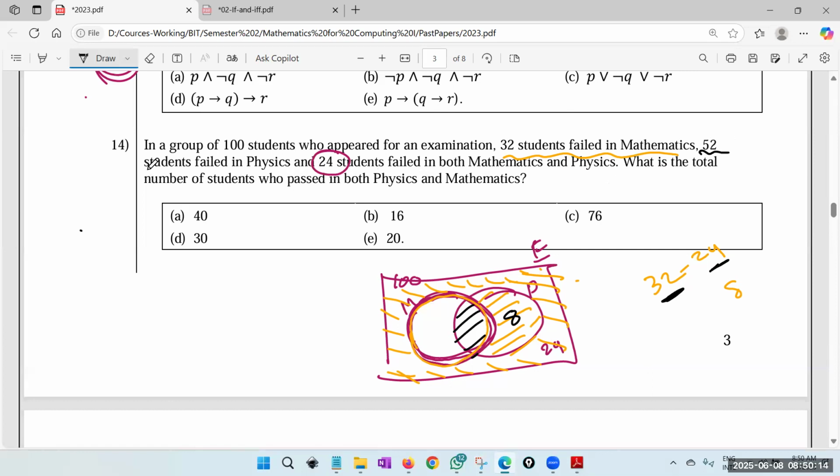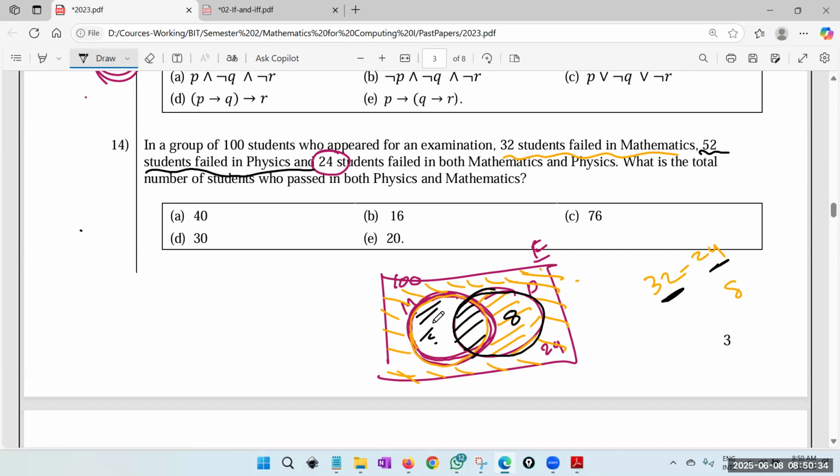52 students failed in physics. That means outside this, there are 52 students. Right? Outside this, there are 52 students. That means this part and outside.